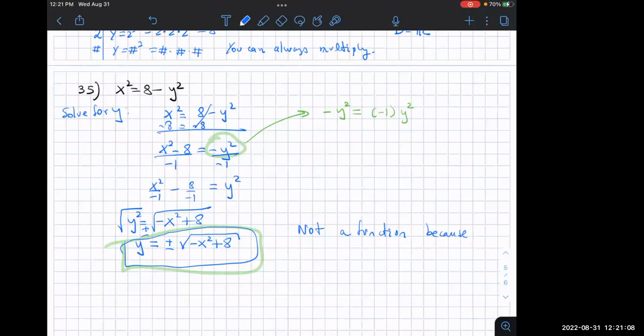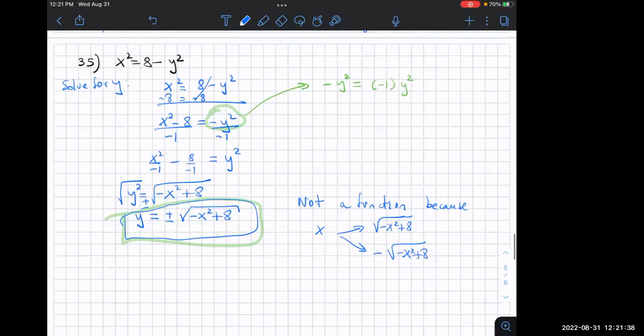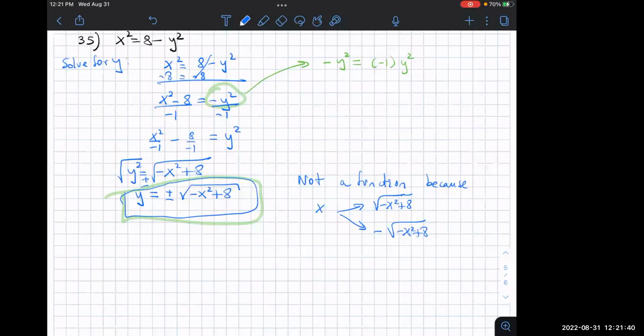In fact, let's make the answer stronger. It's not a function because of the plus or minus. The only time the plus or minus will be the same is when the inside is 0. So let's find at least one value: say x equals 0.